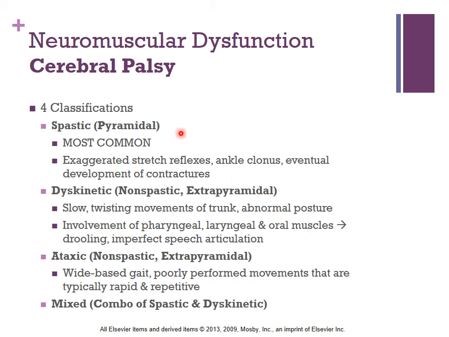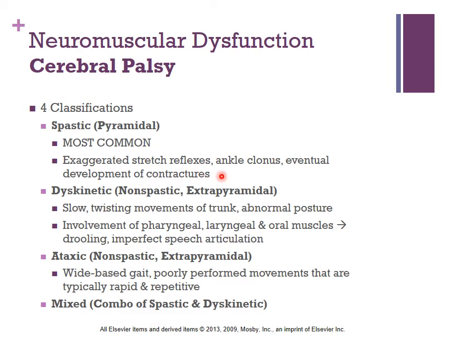There are 4 classifications of CP. You have your spastic, which is your most common. You'll see exaggerated stretch reflexes, ankle clonus, so their ankle will shake back and forth or up and down. It can't be still, it's just clonus. And then eventual development of contractures.